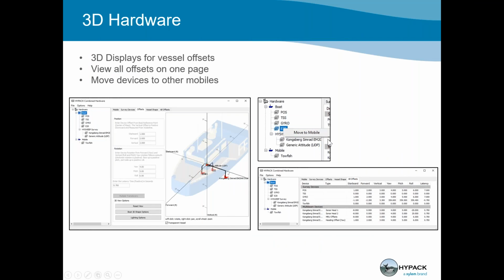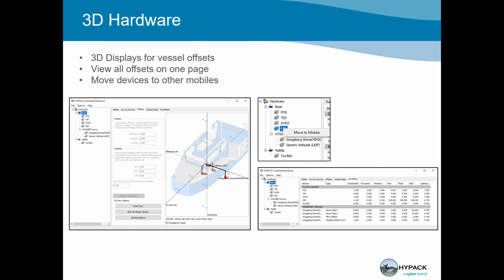We lost this feature a number of years ago when we revamped the hardware program, and it comes in handy, for example, with dredges, or you might be using a USBL system. You've added a bunch of devices to your main boat shape and forgot to create a mobile. So now it just makes it easy to right click and move to the mobile of your choice.